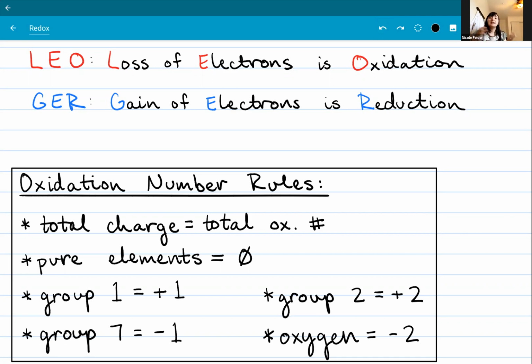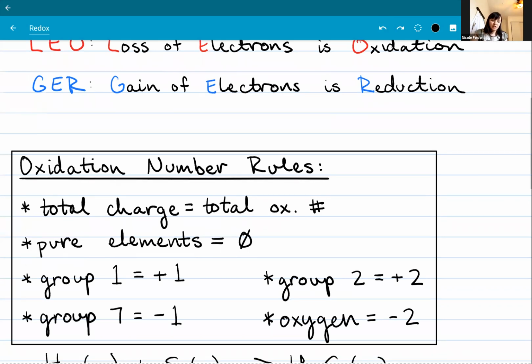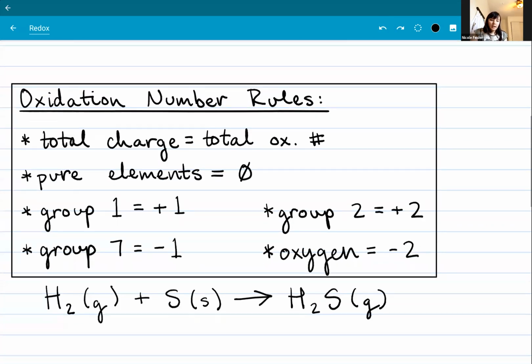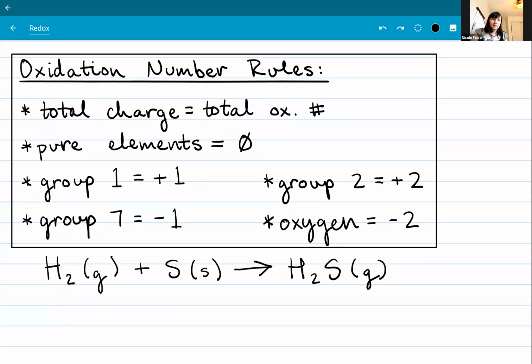So looking back at that earlier example, let's see how the oxidation numbers for each atom change in the reaction. H2 is elemental, so hydrogen starts with an oxidation number of 0. Monatomic sulfur here is also neutral, so it's also 0 to start.